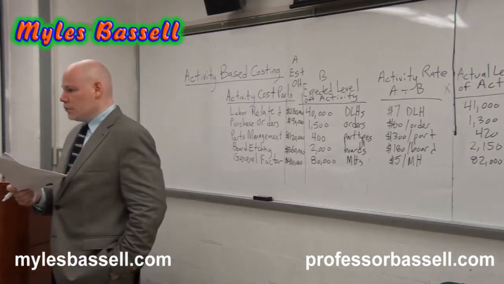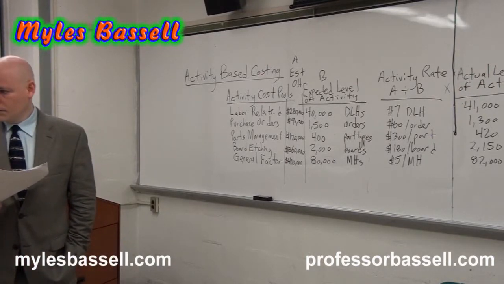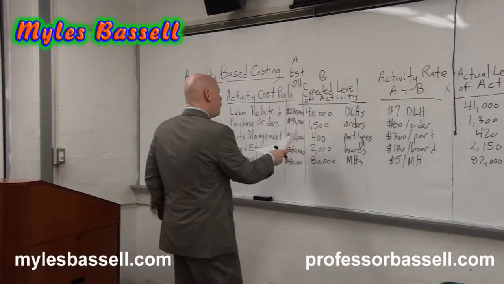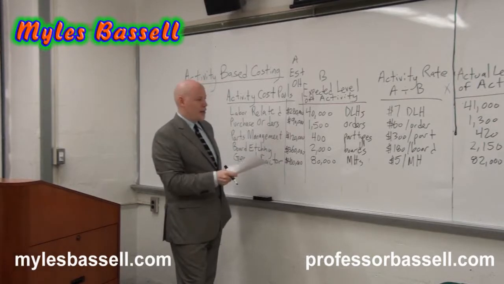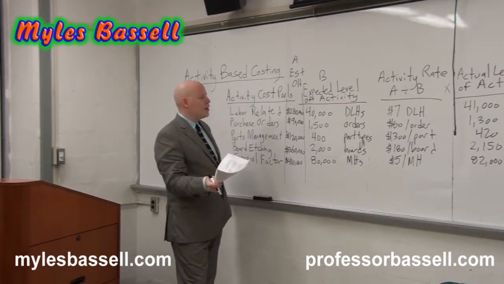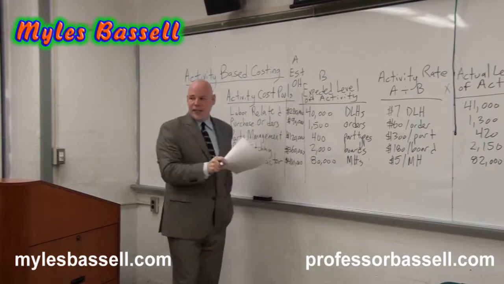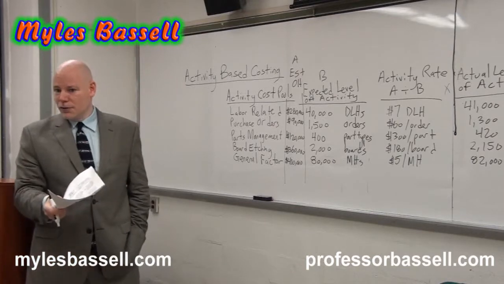It's what we're thinking that we're going to get, based on information we have from operating the process. But what we don't know is what's going to happen if we change the level of activity. That's what we're trying to figure out, to help us make decisions.